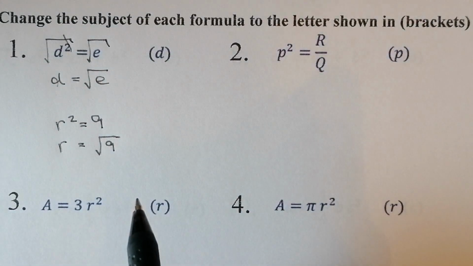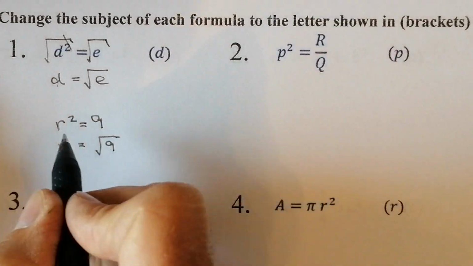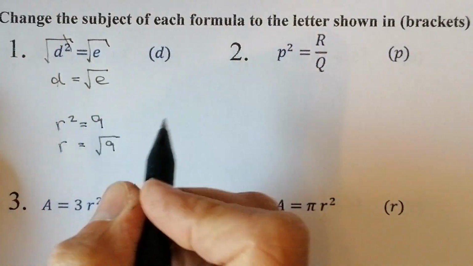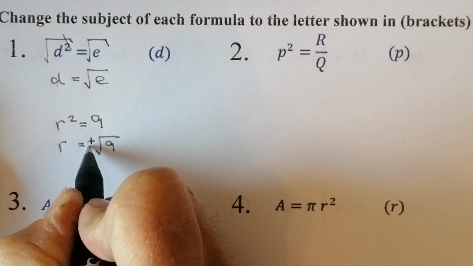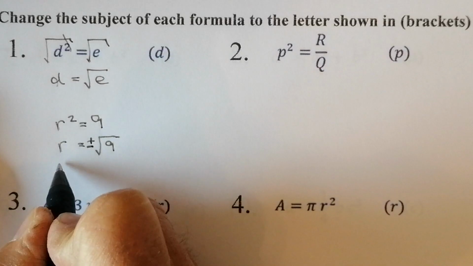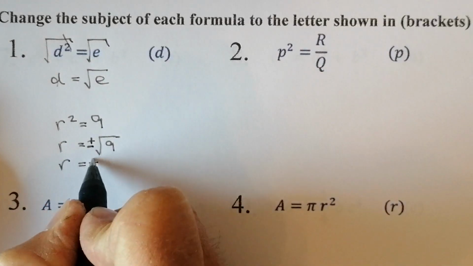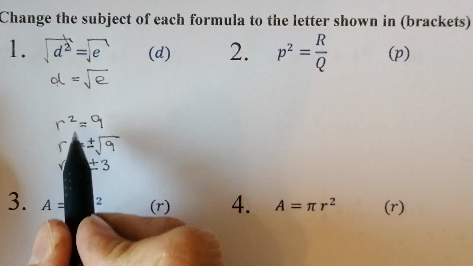But minus 3, or negative 3, would work. So if I have this situation, then what I'm really looking for is a positive answer and also a negative answer that would come out there. Because my answer to this would be positive or negative 3 would work for that equation.